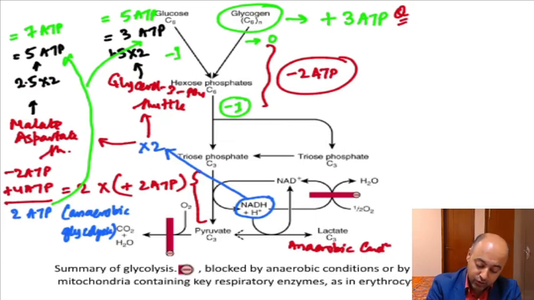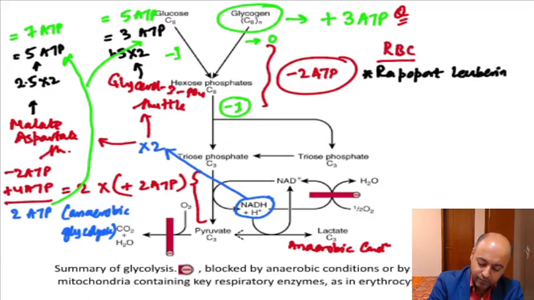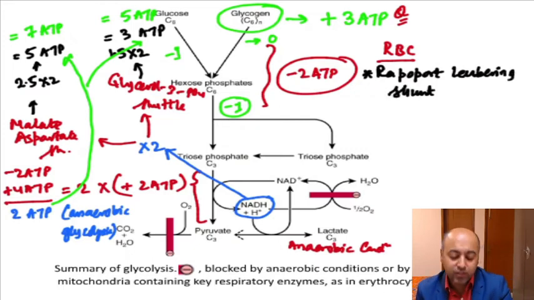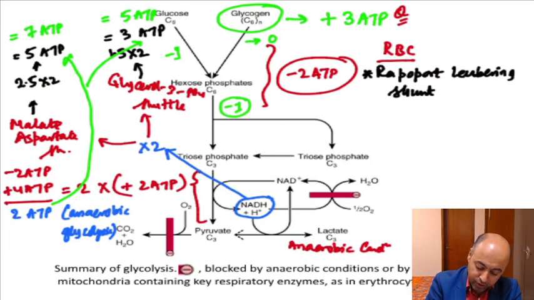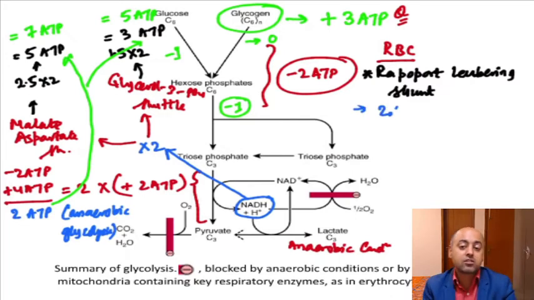And lastly, you have to remember that in RBC, we have what is known as the Rappaport-Lewis shunt, whereby 2,3-bisphosphoglycerate is synthesized.